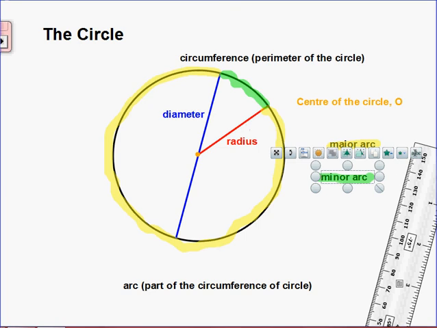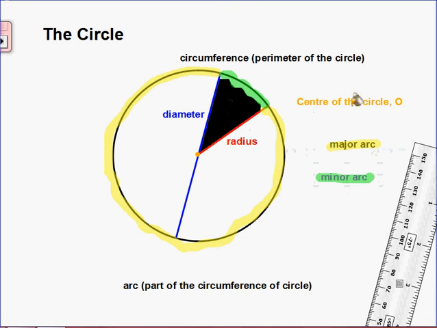Very good. The last part, the last thing for today. If I had to shade that part there, that would have to be a sector.